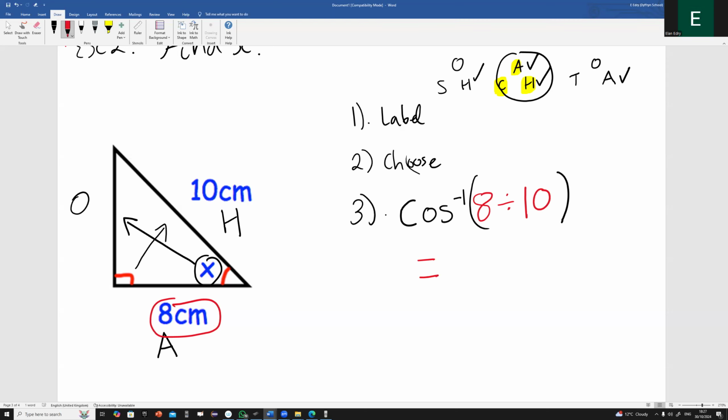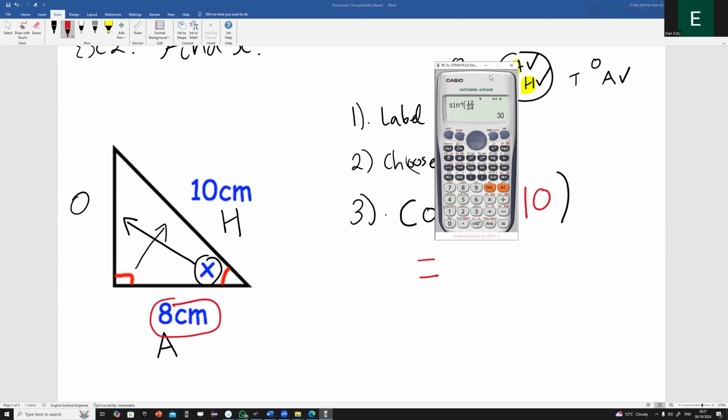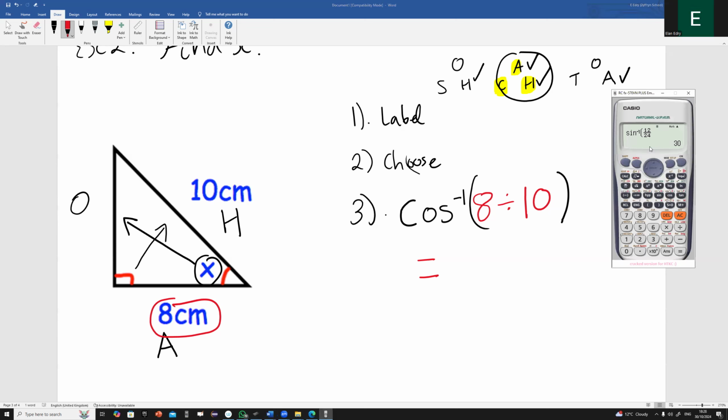So can you have a go at that on your calculator and just say what you have? Right, that sounds really good.